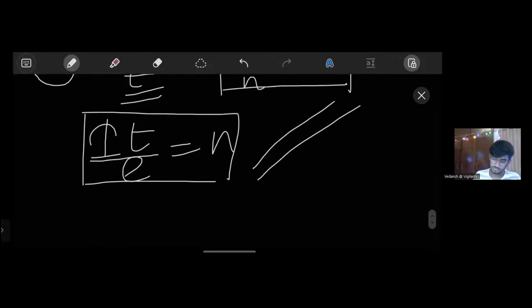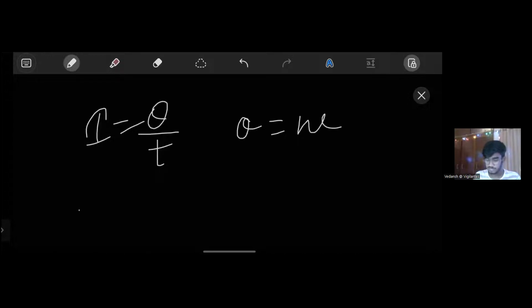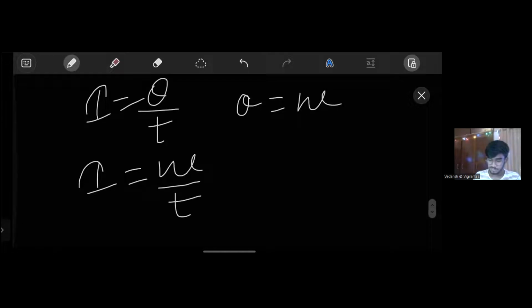So you need to have faster thinking skills, and you need to spend less time on these particular things. Just remember one formula, that is I is equal to Q by T. Just remember that Q is equal to NE. Just replace the Q with this. You have two formulas already. Just transpose it here and there. You will have more than 4 formulas.